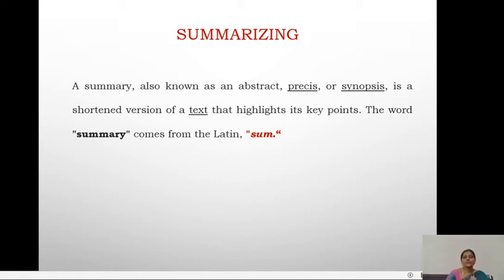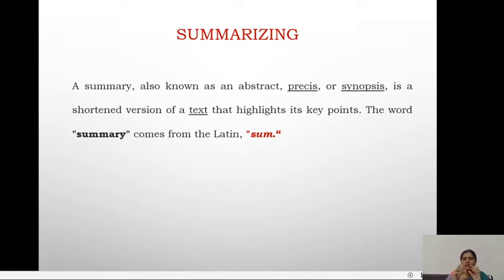Now, how to summarize a text? Is there any specific length that we have to follow when you are shortening the original text? There is no such rule, but usually we keep our summary one third of the original size of the text. So when you summarize a text, it should be one third of the original text.